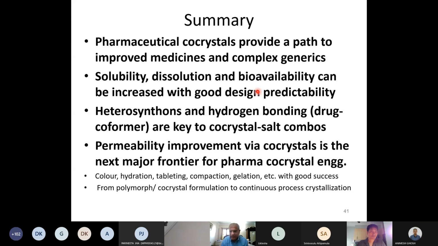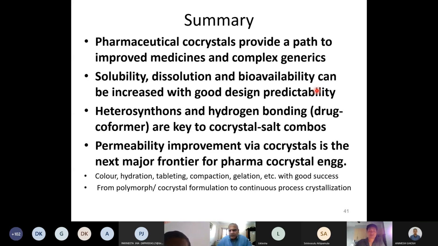And I'm just stealing the words from Zaworotko's review about 15 years ago in 2003-4. I think that dream which he postulated was based on the synthon idea of Desiraju, which came out in the mid 90s, and has actually been realized for the pharmaceutical industry after 2 decades.